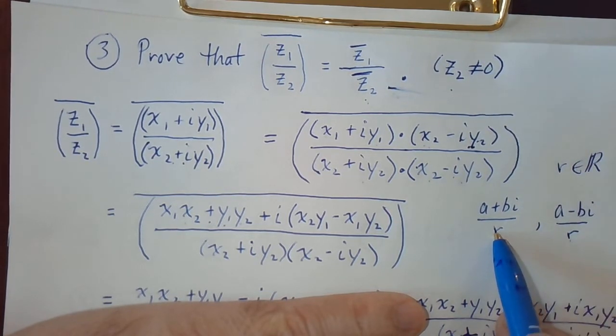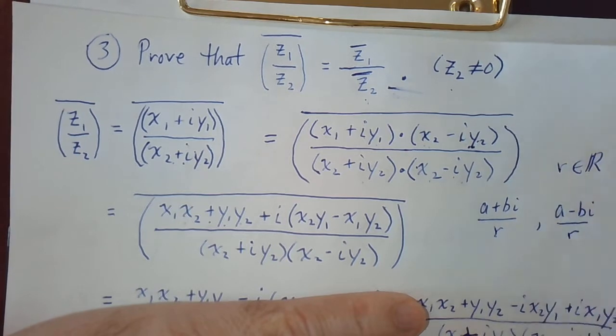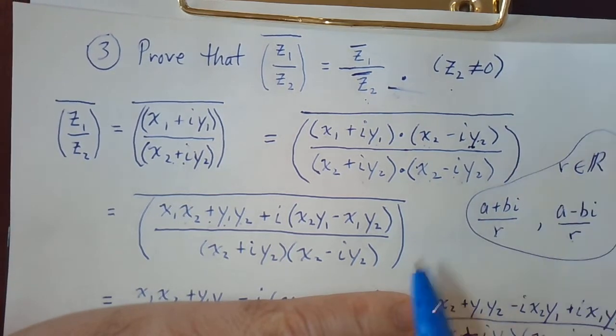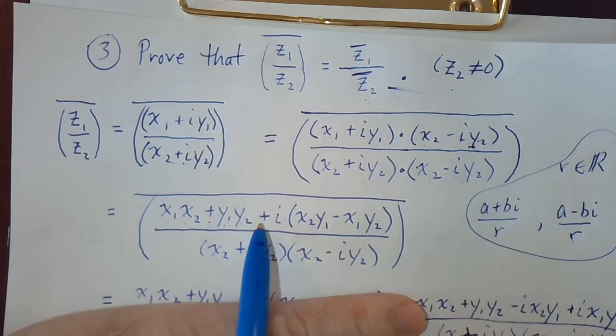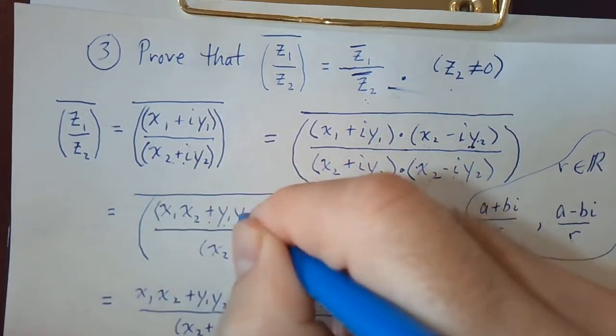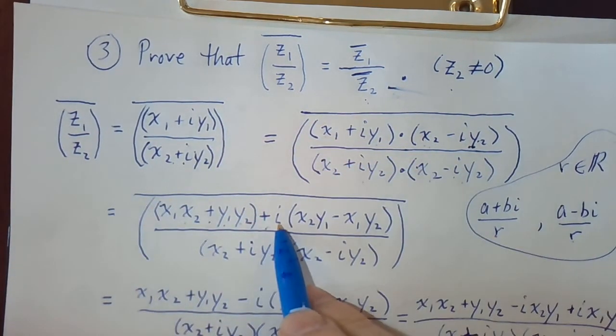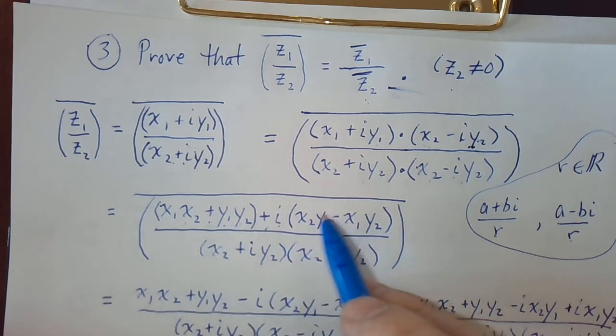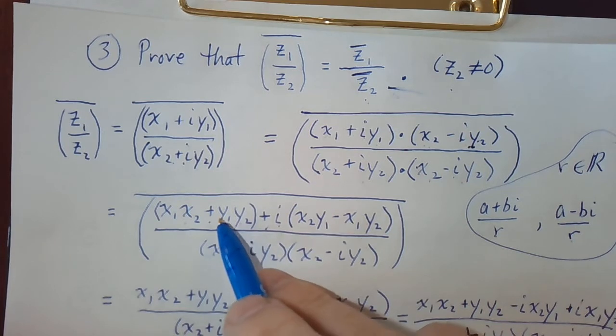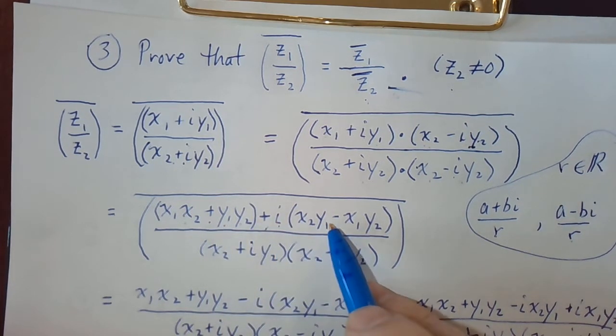It can't be a non-real complex number. But as long as it's real, these two are complex conjugates. So I can remove this complex conjugate bar by simply turning this plus into a minus, because after all, we've got a real plus i times real. So this is a complex number written in the standard form: the real part plus i times the imaginary part.